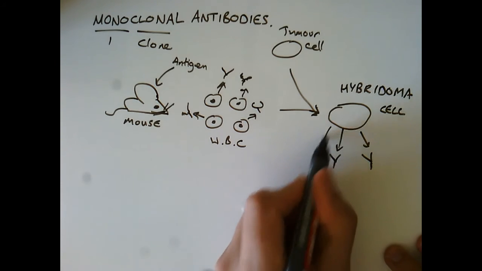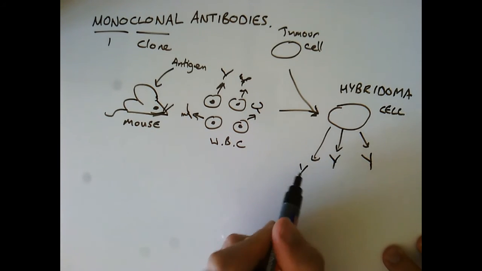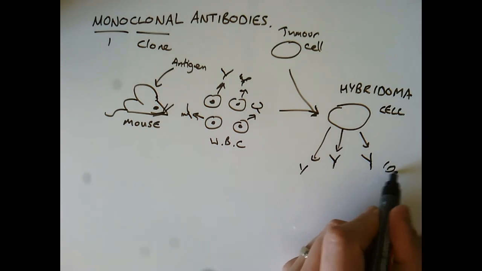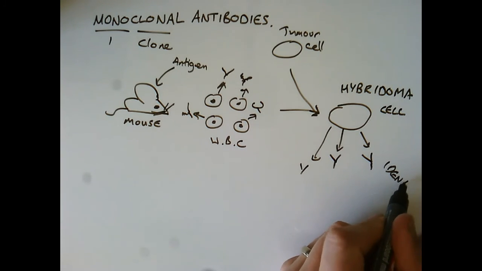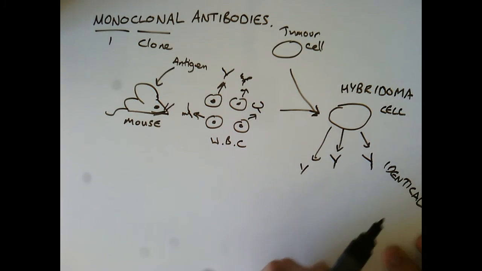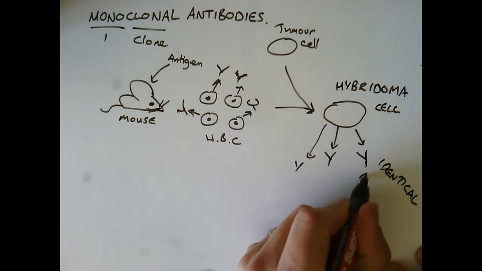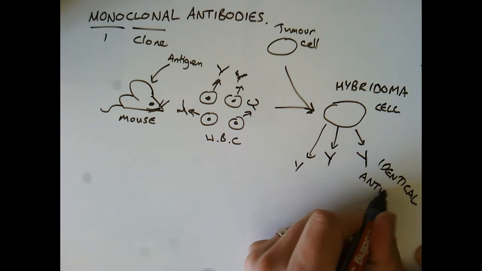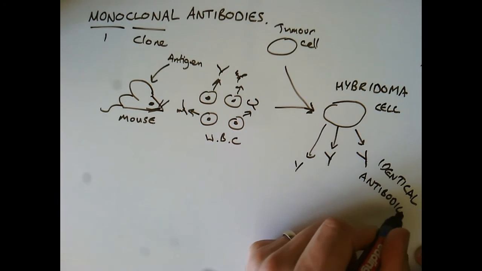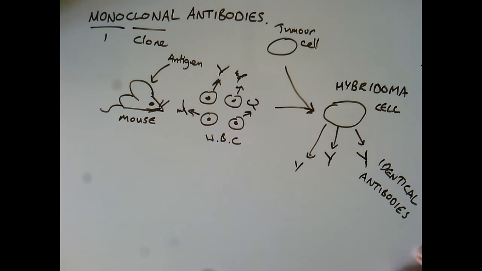And this is going to start chucking out tons and tons of identical antibodies. And all we have to do then is make sure we've got more hybridoma cells.